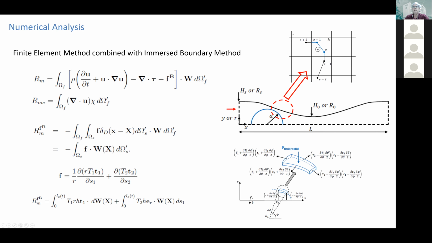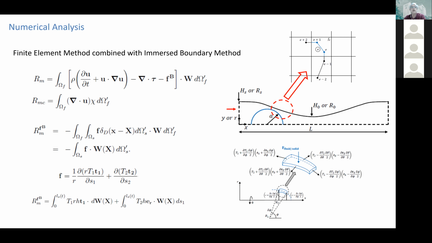The solid phase here is described by a one-dimensional mesh that is convected through the fixed Eulerian mesh that we use to solve the fluid flow. And then all the solid mechanics equations are discretized in this one-dimensional mesh of the immersed boundary method.